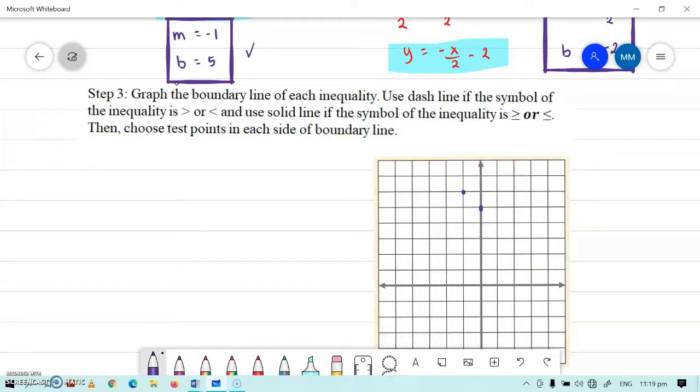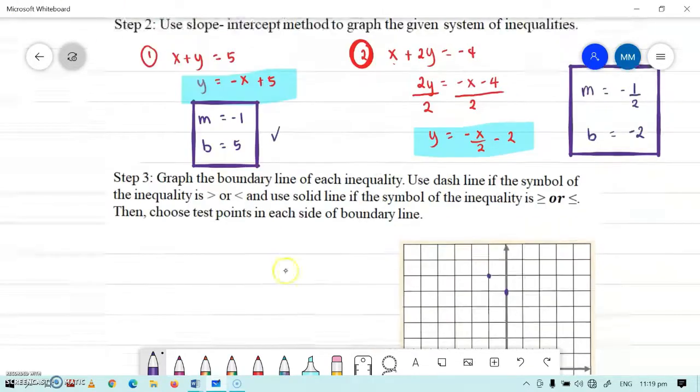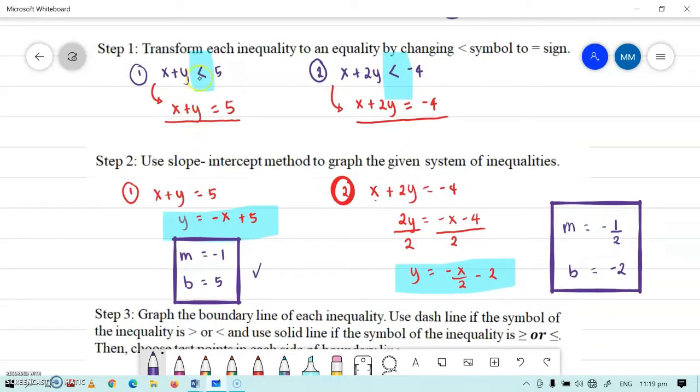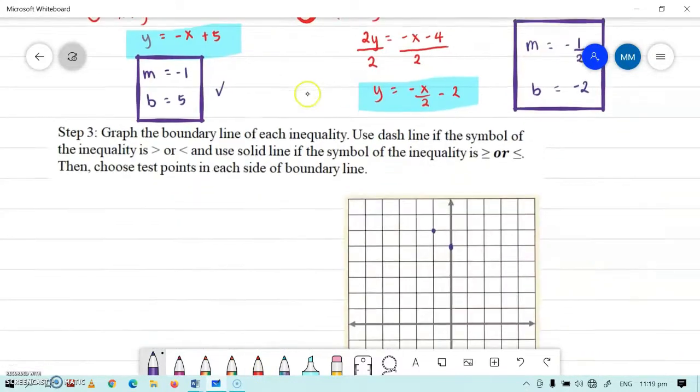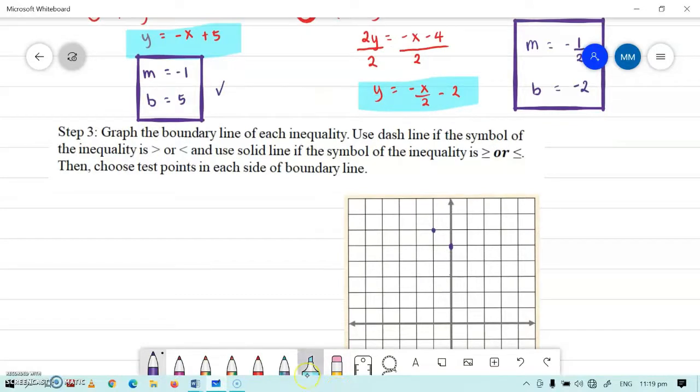But before we go into drawing the boundary line, let's identify first whether we'll use a dash or a solid line. Since our inequality 1 is less than, we will use a dash line for the boundary line.